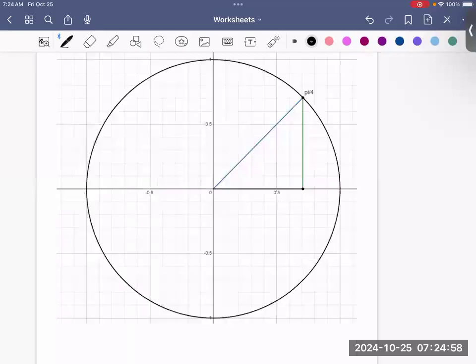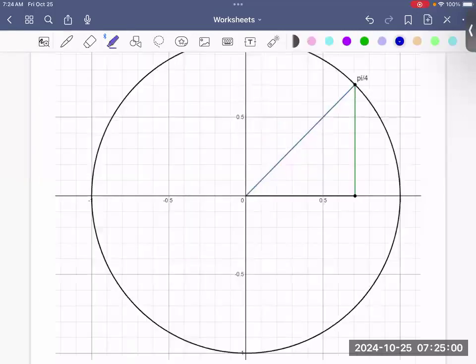To start us off, your unit circle has a radius of 1. So your radius here, from tip to tip.